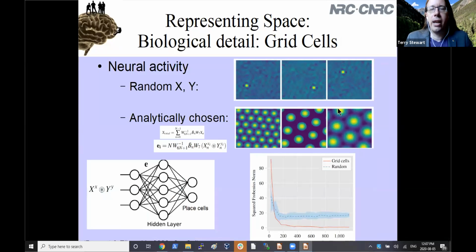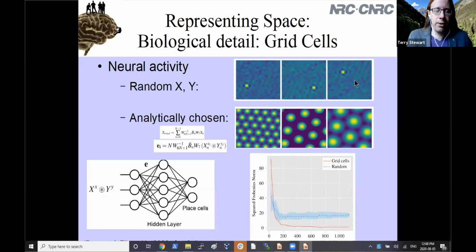And then finally, as was hinted there, if you take this approach and implement it in neurons and see what the neurons are doing, if you do technically exactly what I just said, randomly choosing X and Y and randomly choosing your neuron representations, you do not get grid cells. If you naively pick a random X and Y vector, the actual neurons that you get don't end up looking like grid cells.